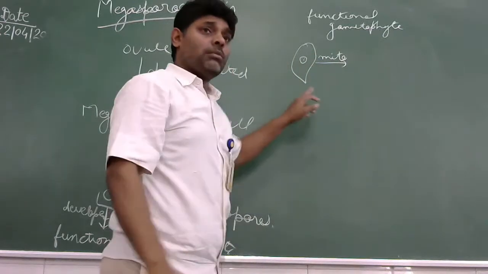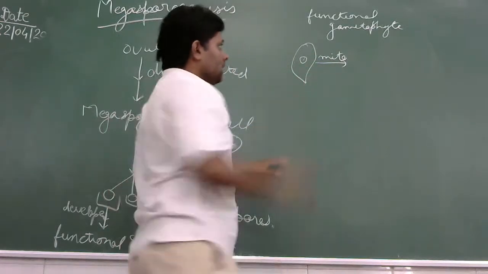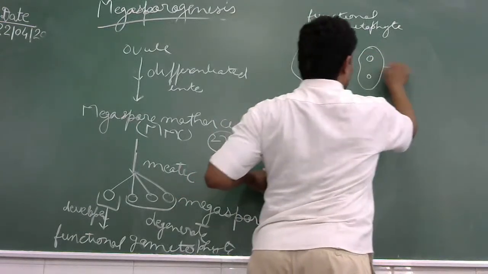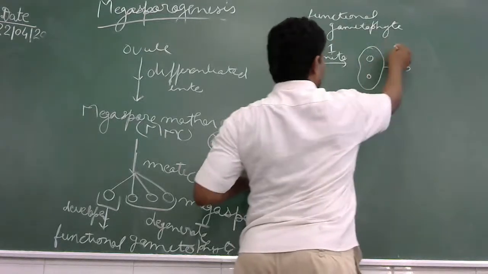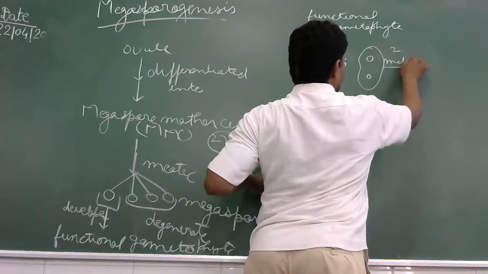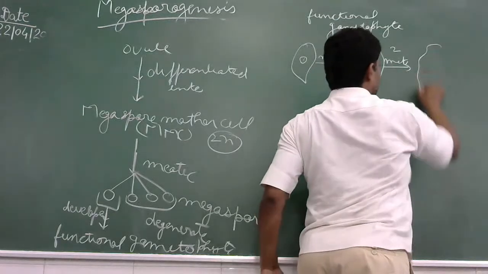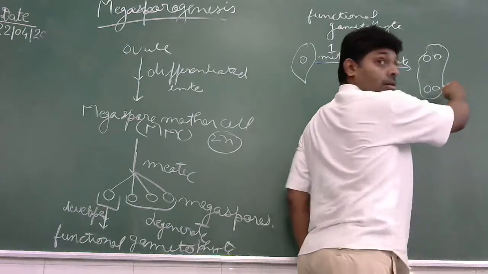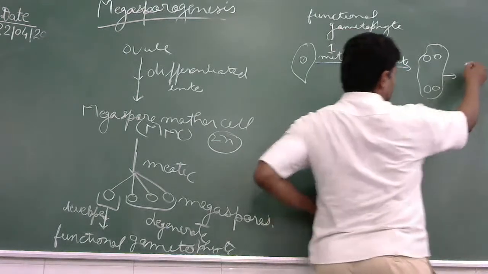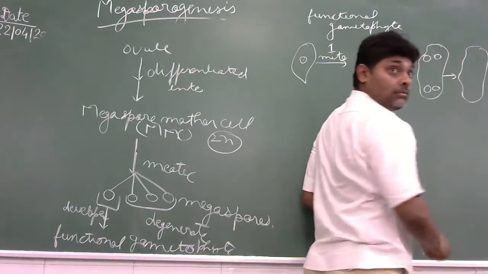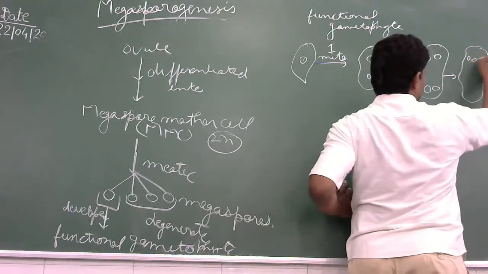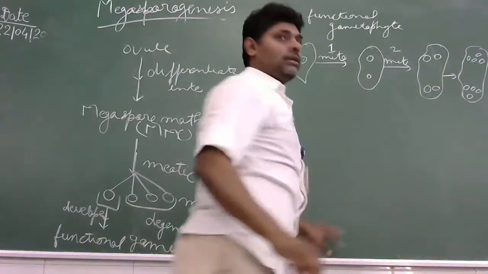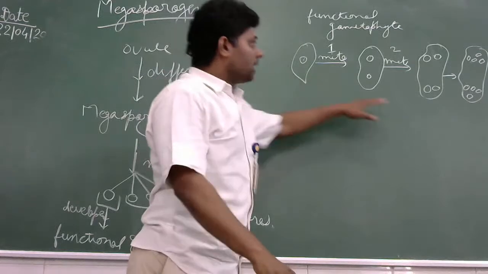Here mitotic division will occur, means mitosis will occur. The nucleus divides into two, then again a mitotic division, and again a second mitotic division, which makes four, and then it will make an 8-nucleate cell.